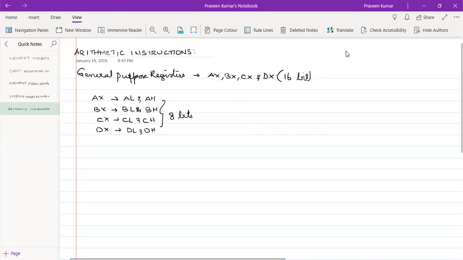Each of AL and AH is 8 bits, and so on. So, we should be very clear about these general purpose registers, and the first type of instruction is add.